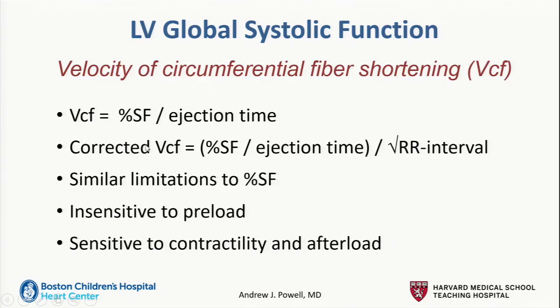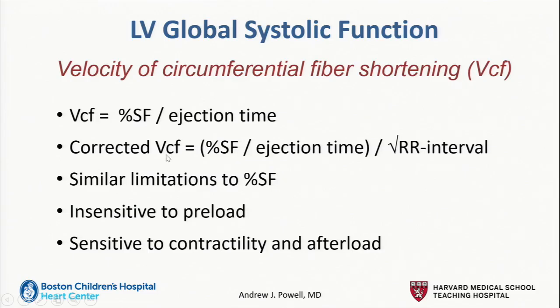But the reason you're going through all this is because it does have some value: this parameter has been shown to be insensitive to preload. So it's a way of factoring out preload. You wouldn't expect this to change, everything else being held constant. Let's say you bolus somebody with fluid, this would stay the same. Put another way, it's sensitive to contractility and afterload, but not preload.